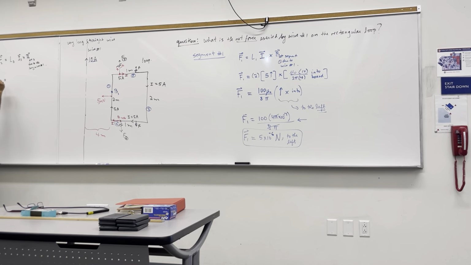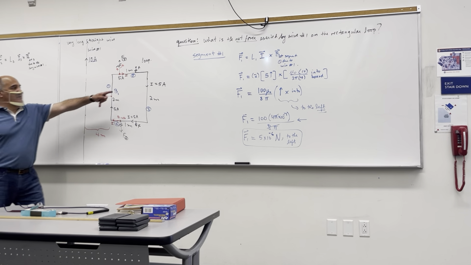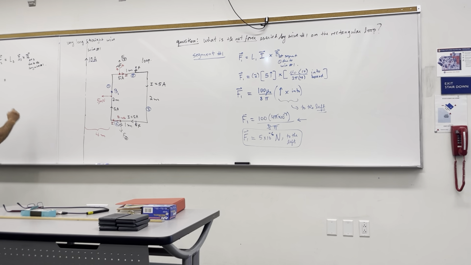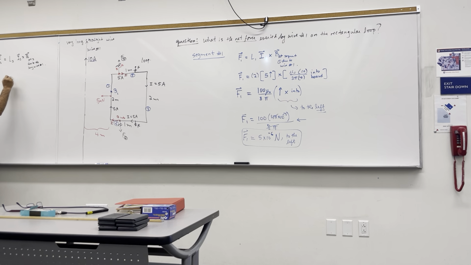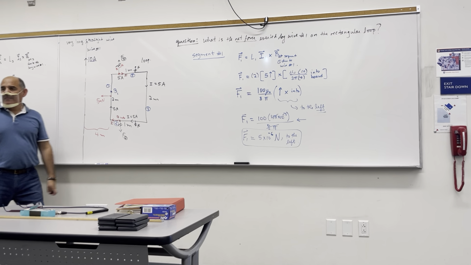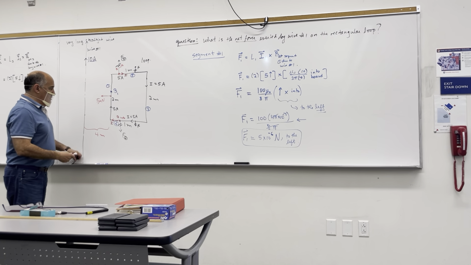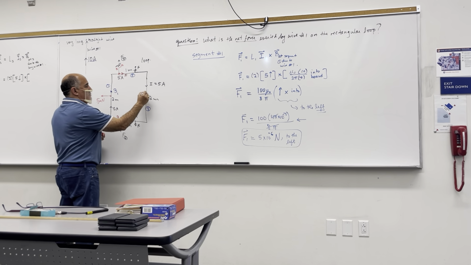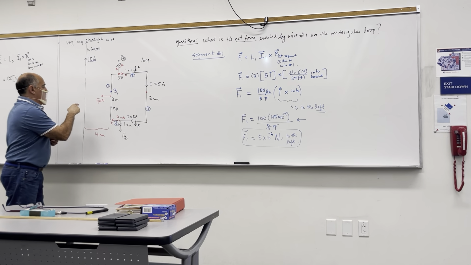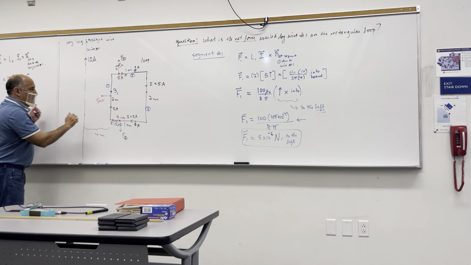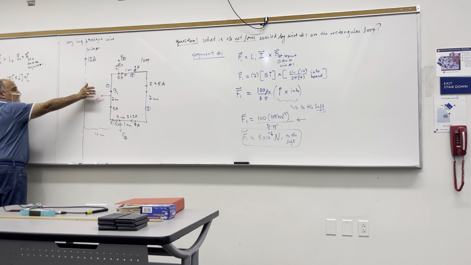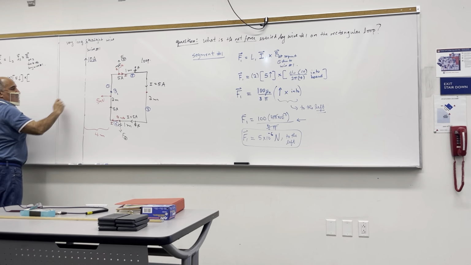What is the length of segment number 3? Just 2 meters, right? What is the current in segment number 3? 5 amps down the board, cross into. Now, what is the magnetic field here due to the current in this wire? The current is up, so over there my fingers are going to be into the board.